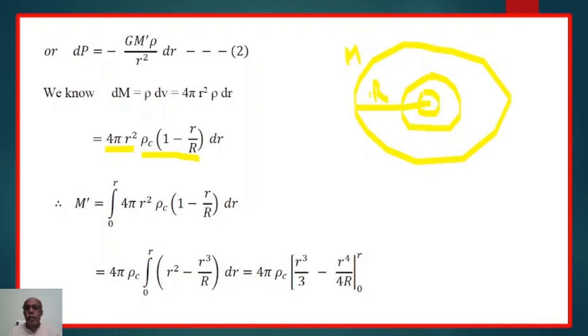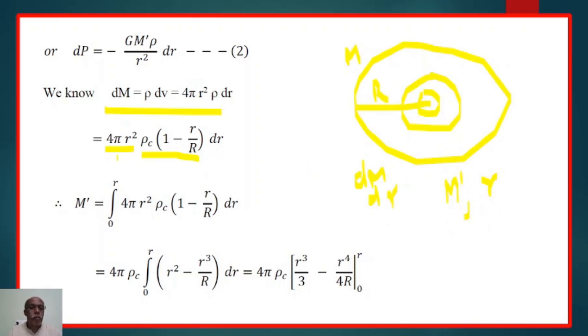The innermost circle has mass m dash and radius small r, and the second circle represents the mass of the gas cloud which is added, that is dm, and the thickness of the shell is dr. So dm is the mass of the shell which is added to m dash.